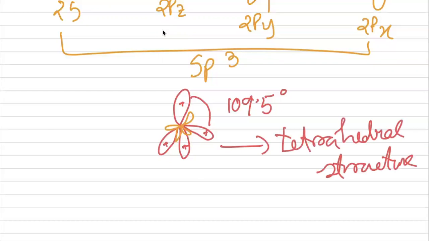Okay. Now let's see the formation of the methane molecule, CH4. The electronic configuration of carbon?